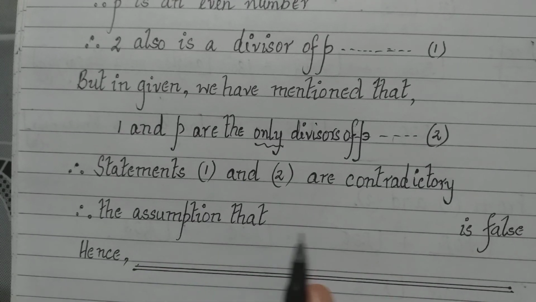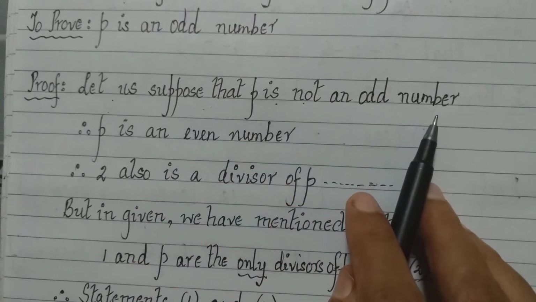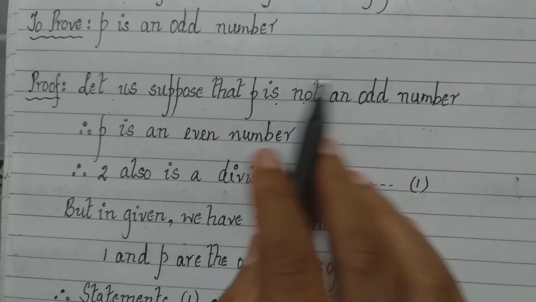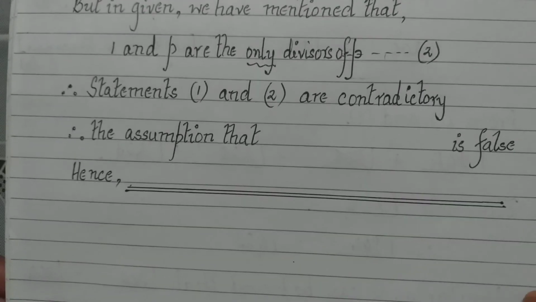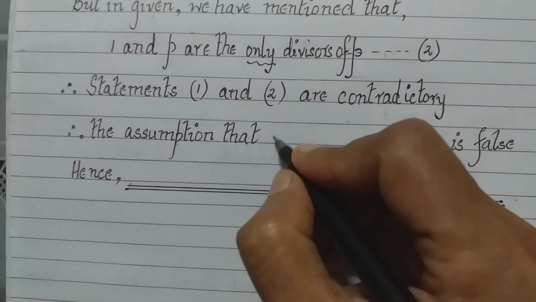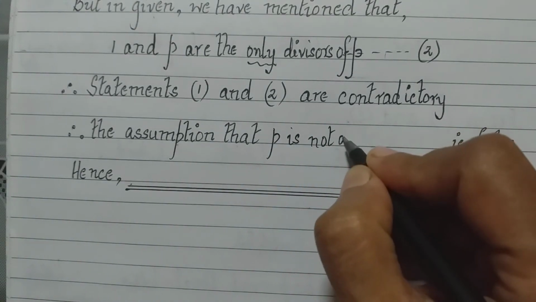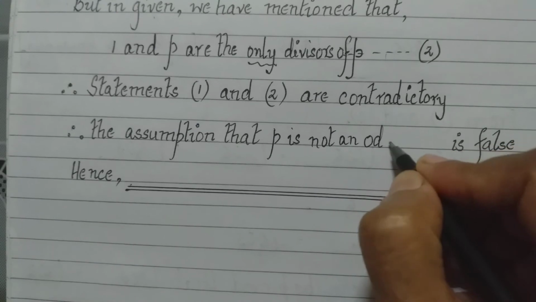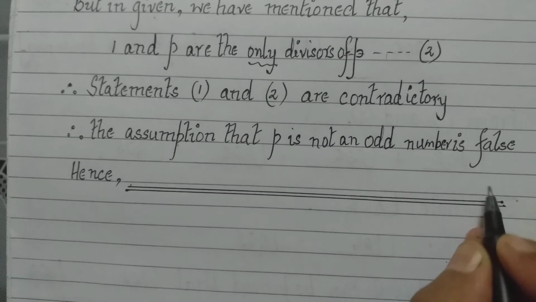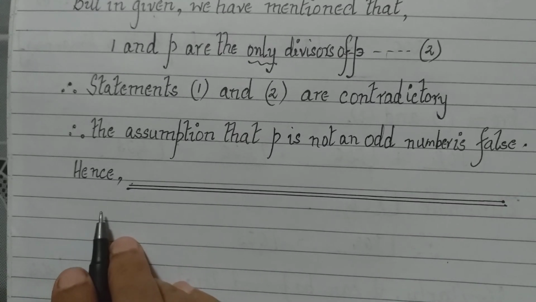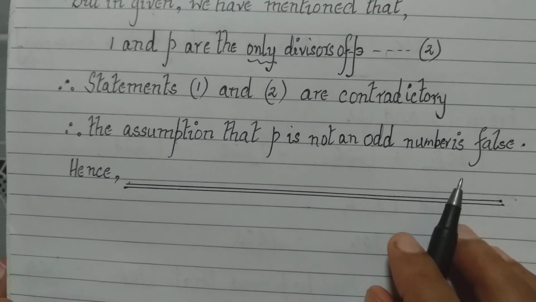Therefore, the assumption that we made, that P is not an odd number, is false. Since this supposition was only an assumption, and the assumption that P is not an odd number is false, what should be true?